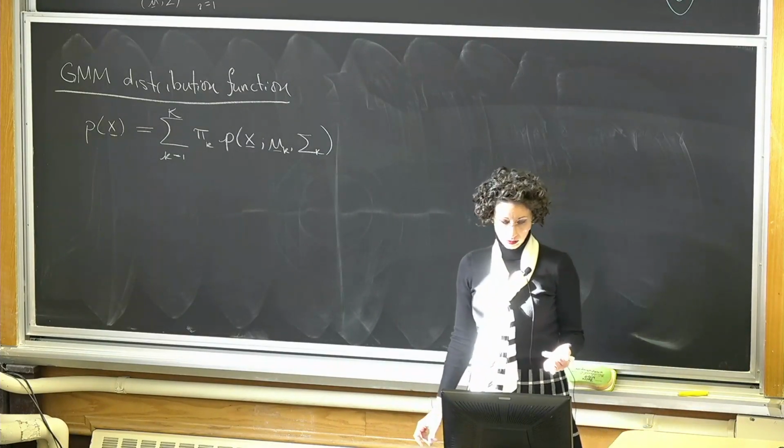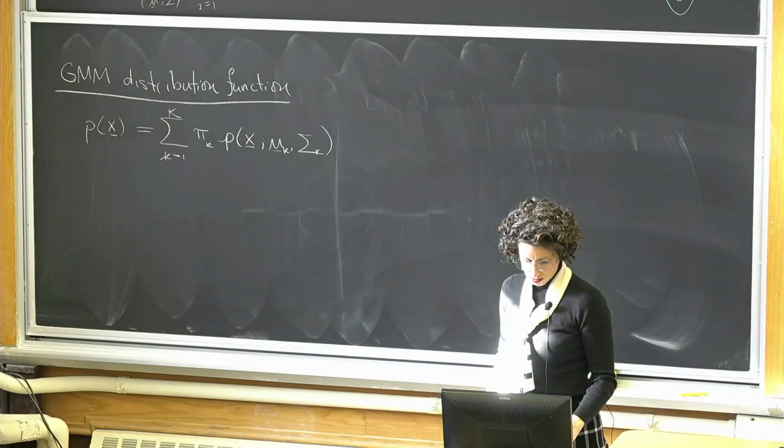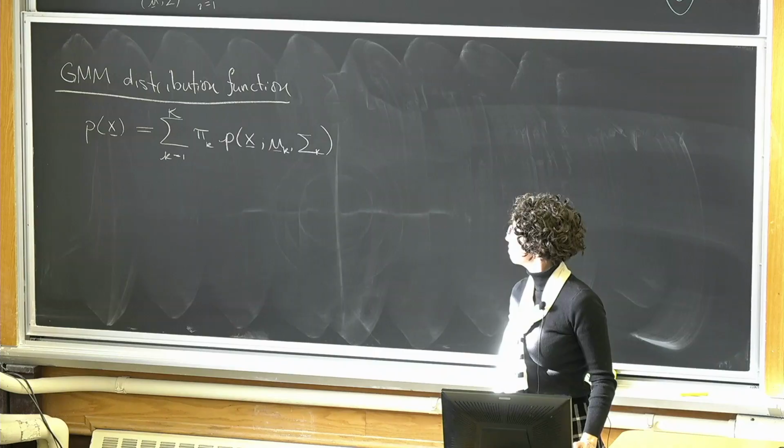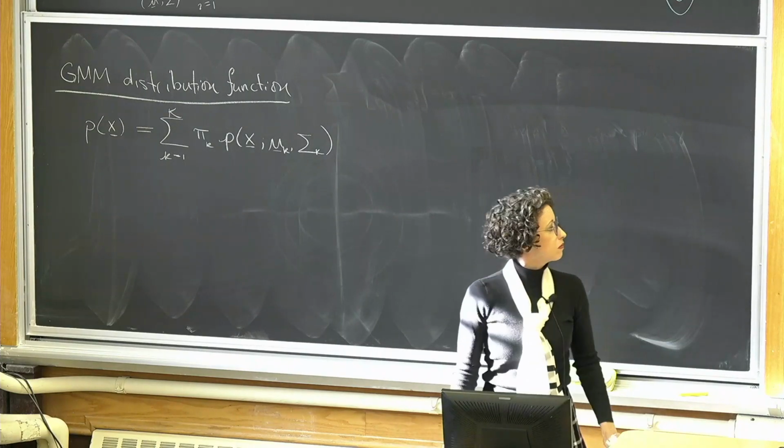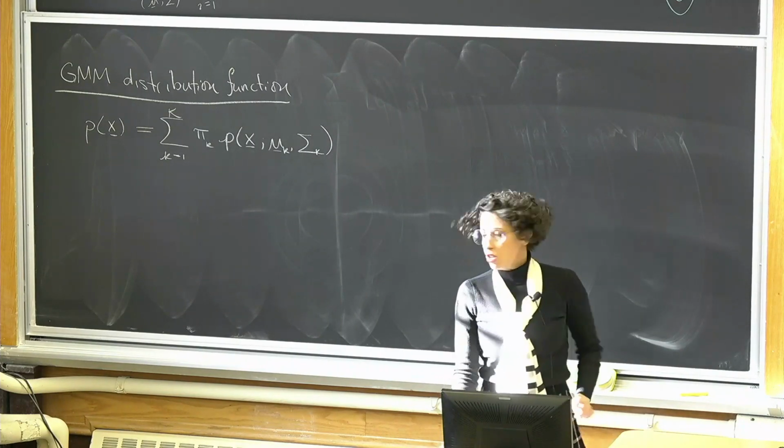Can you explain the difference, is the P of X that you just wrote, how is that related to P of X on the top middle slide?